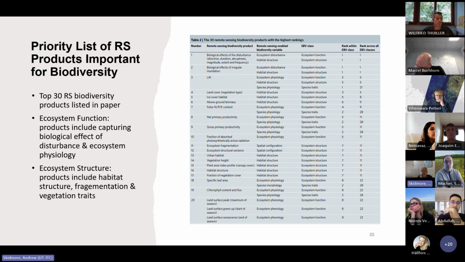So they were products which came out most important, both within an EBV class and then across EBV classes. So in all, we did it for 120, but the paper, I think, Eleanor's, from my memory, we listed this 30, wasn't it, in the paper, even though in the appendices, we do about 120. So you can look at each product and how that was prioritized.